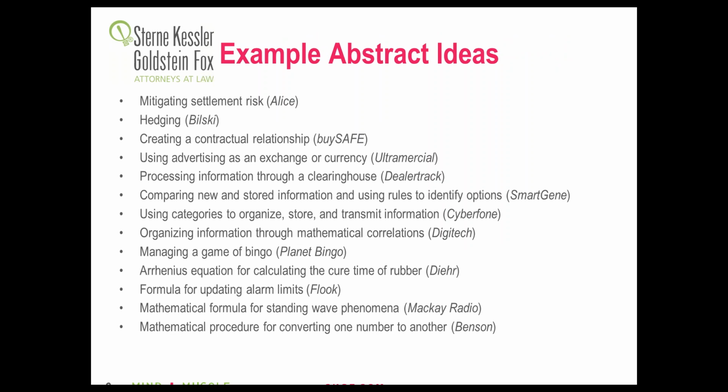So on this slide, you can see some examples that are laid out in the interim guidelines of abstract ideas, and those come from a plethora of different cases that have issued before and after the cases we've talked about briefly. I'm not going to go into any of these in detail.